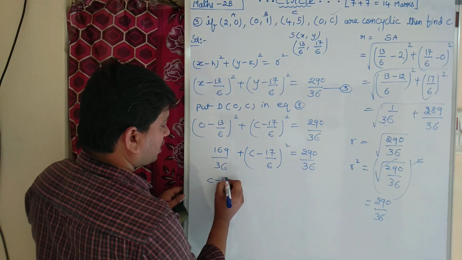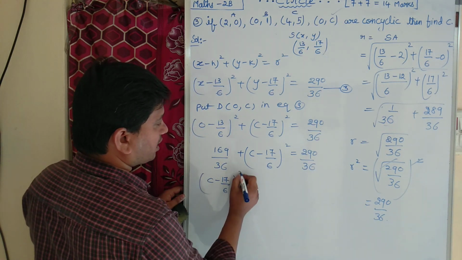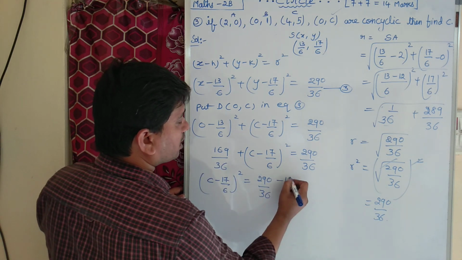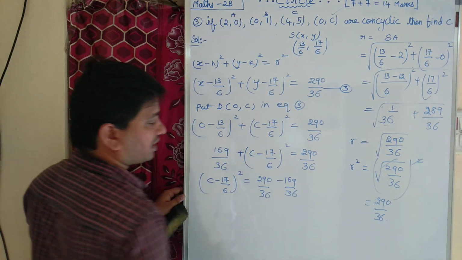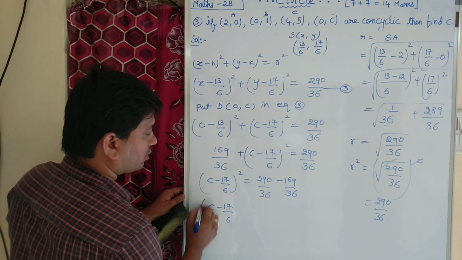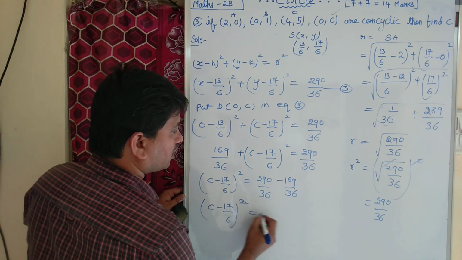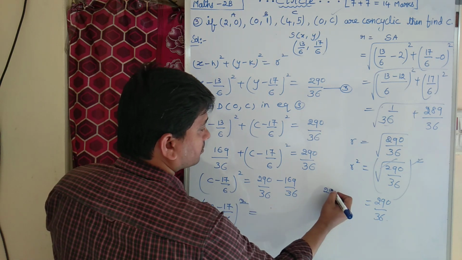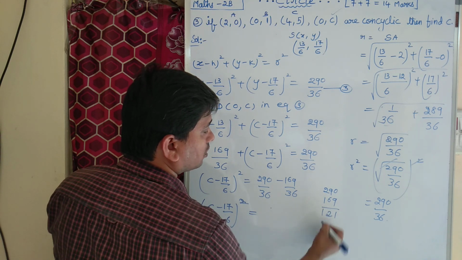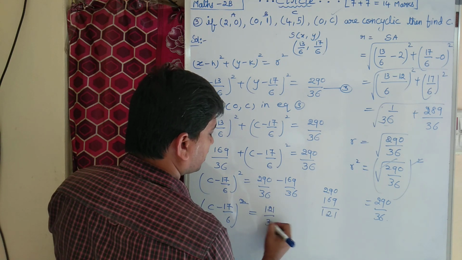Transpose: c minus 17 by 6 whole square equal to 290 by 36 minus 169 by 36. So c minus 17 by 6 whole square equal to 290 minus 169, which is 121 by 36.